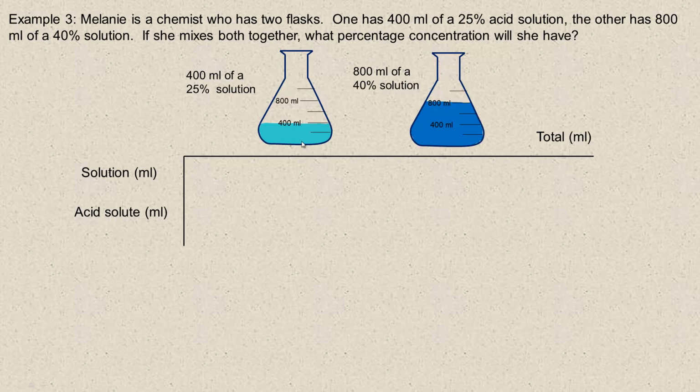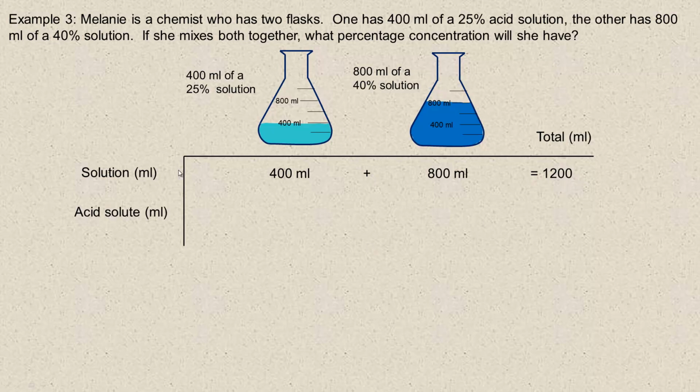So I've organized this into a table. We're going to figure out the total amount of solution, the total amount of solute, and then we can use that formula. So the solution is how much you're mixing all together. There's 400 milliliters in this one, 800 milliliters in this one. We would add those two together. So the total solution when we mix them would be 1200 milliliters.